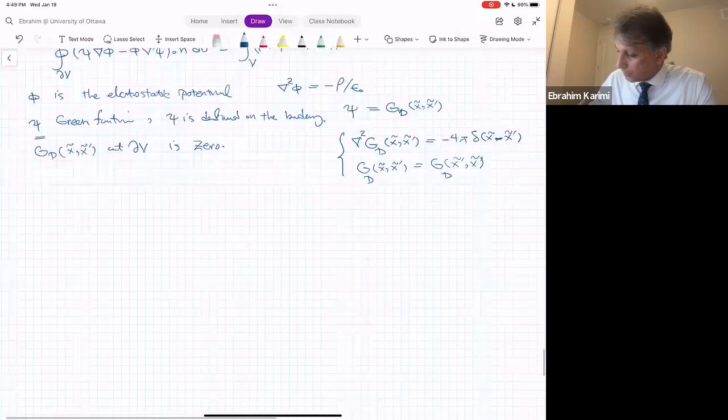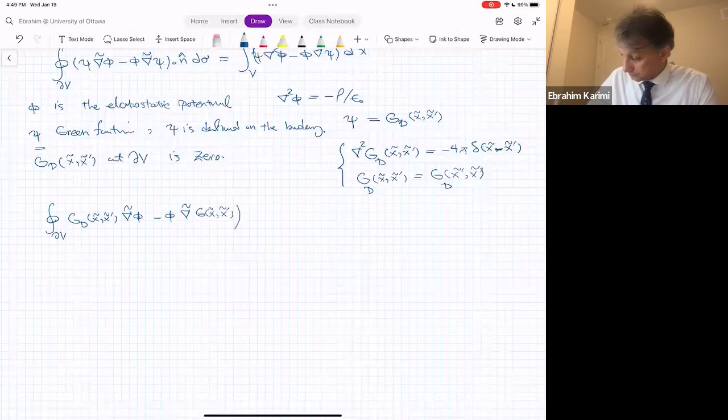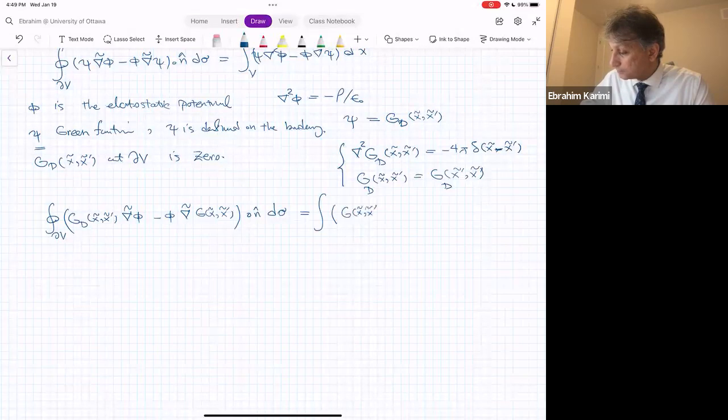So I will have the integral at the surface or the boundary of G_D of x and x prime, gradient of phi minus phi gradient of G of x and x prime, dot n d sigma, is equal to the integral of G of x and x prime Laplacian of phi, well, let's write it down.